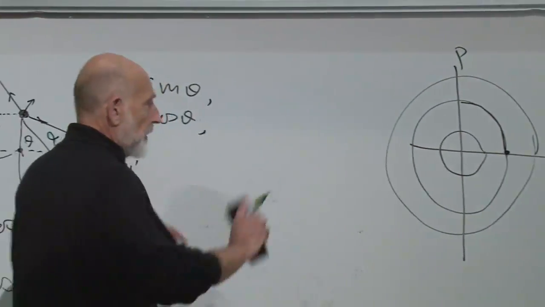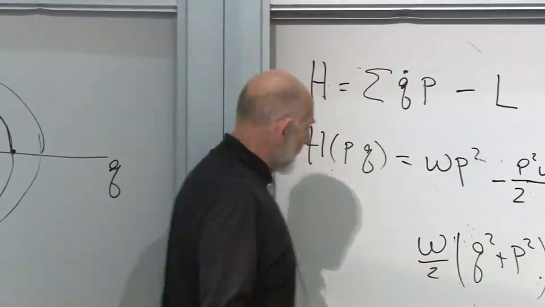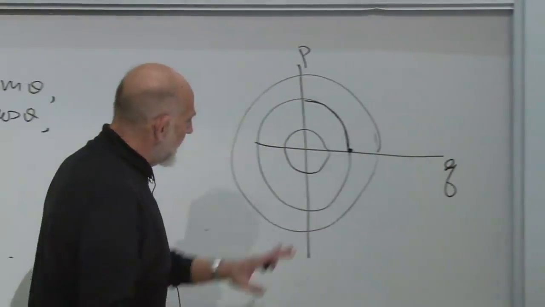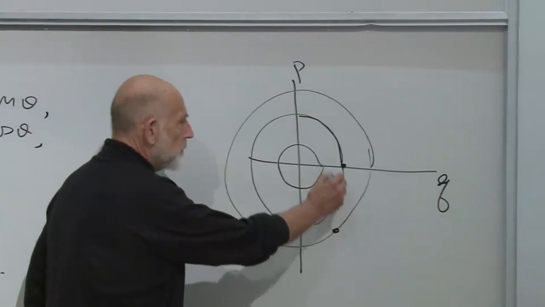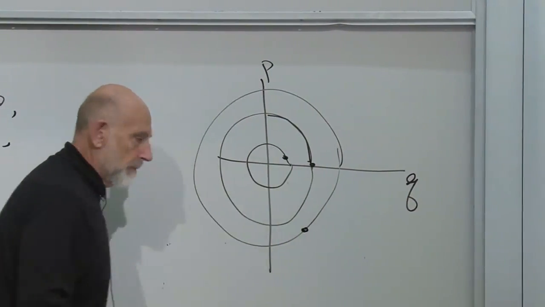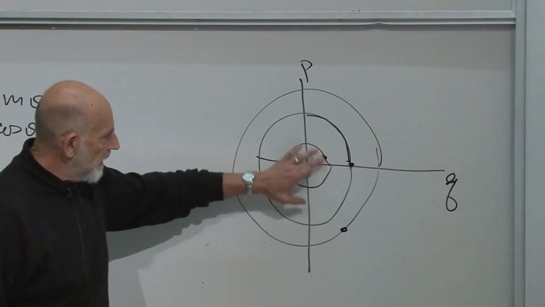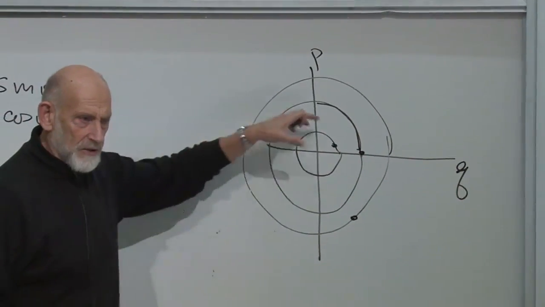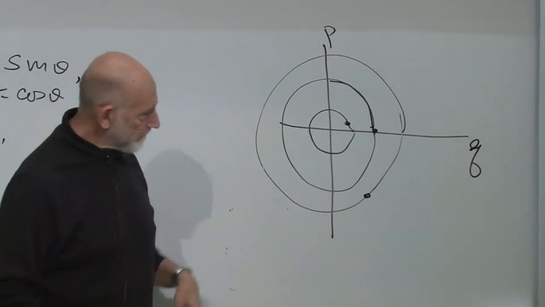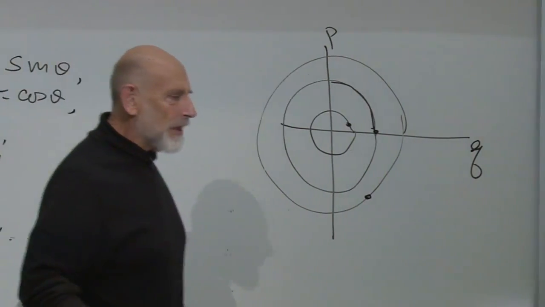So this is just an observation that with the notation I've used here, the q's and the p's move on circles. Any place you start the system, it'll be on one of these circles, and then it will just move in a circle. I keep drawing counterclockwise. I think it's a clockwise orbit, indefinitely, forever and ever.